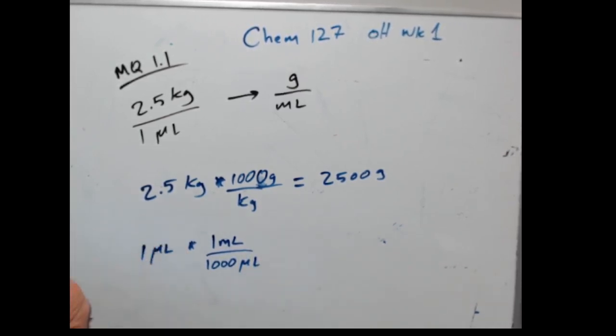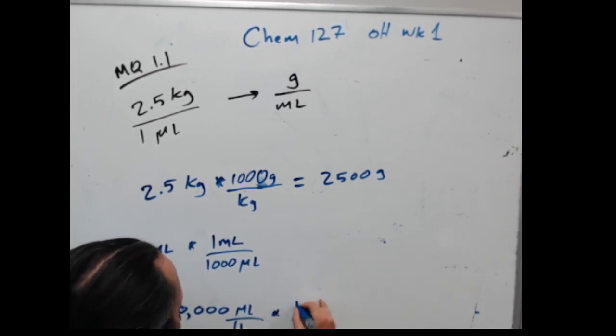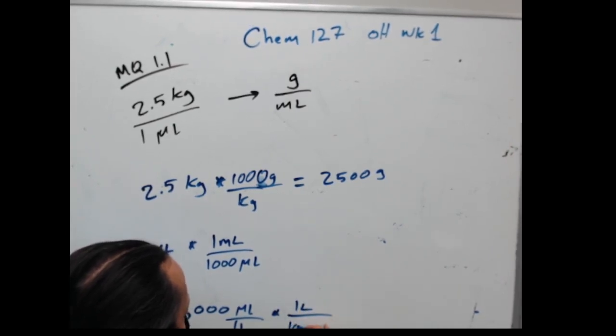Now let's talk about how I did that. We got 1,000,000 microliters per 1 liter, right, because that's 10 to the 6. And I know that in 1 liter, there are 1,000 milliliters.